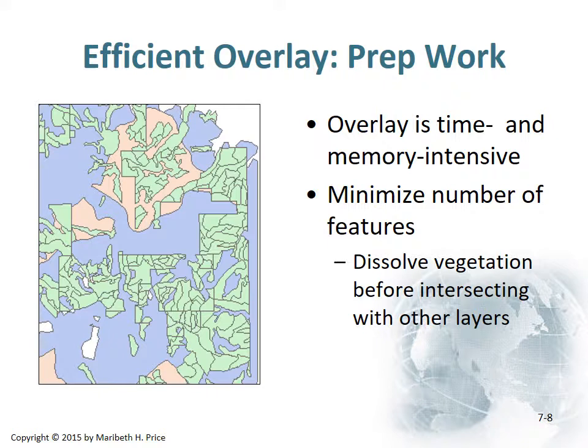And then if we do further geoprocessing with other polygons, we're reducing the number of features that we're going to get in the end. So we're going to simplify the data in a way by removing the borders. We still retain the information that it's conifer trees in that area. It's still going to be the same acreage of conifers.